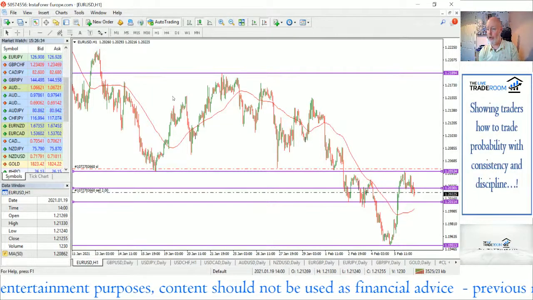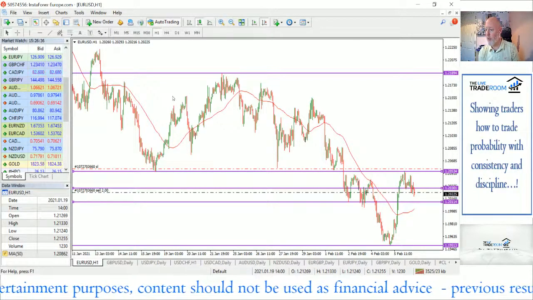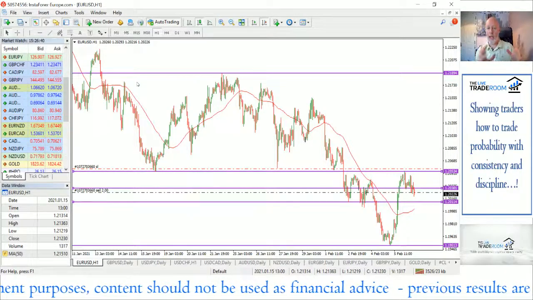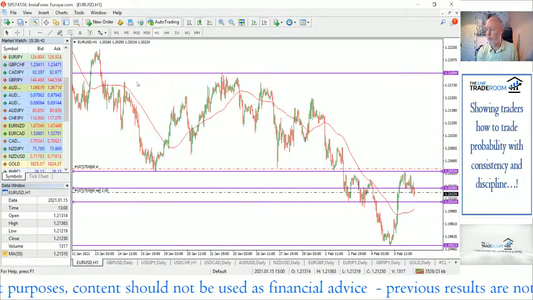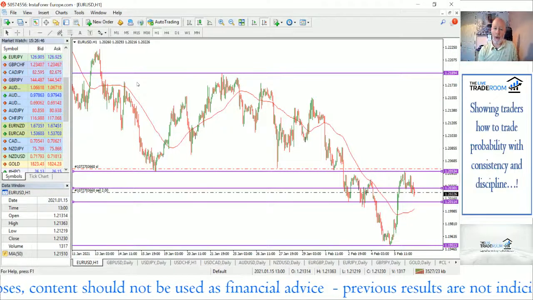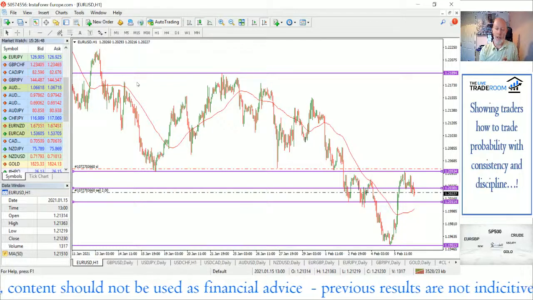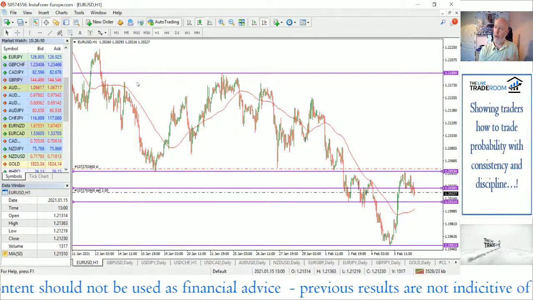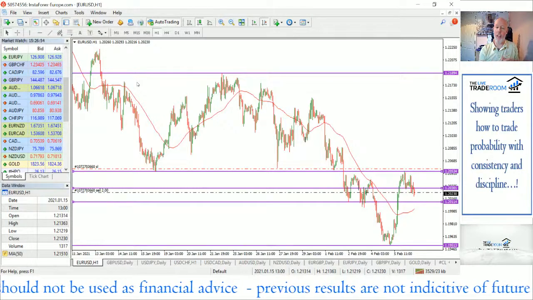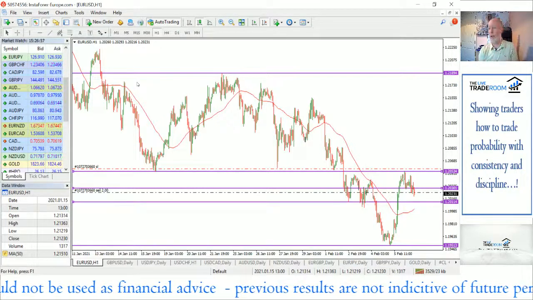So there are sort of time constraints put on us to a certain degree, but that's why we utilize our signal service. We don't necessarily need to be trading 6-7 hours in these financial markets anymore. We've moved beyond that. We used to trade the European Open and the US Trading Open exclusively.